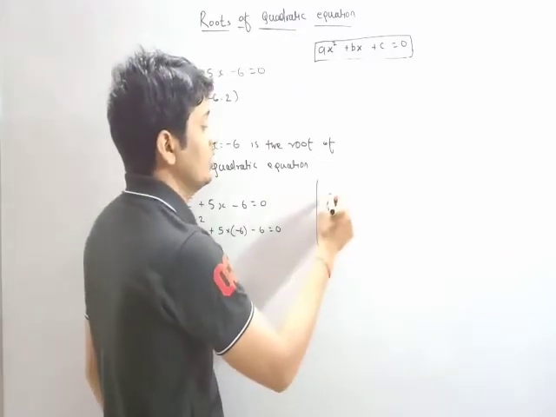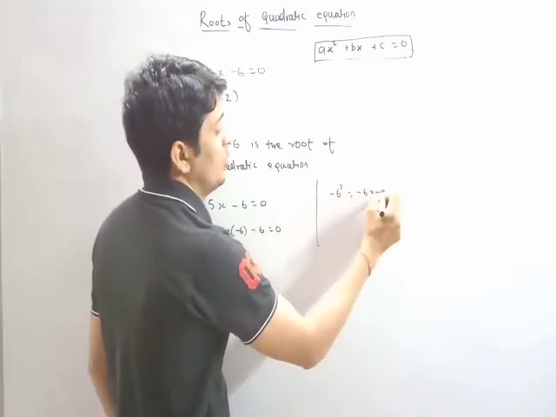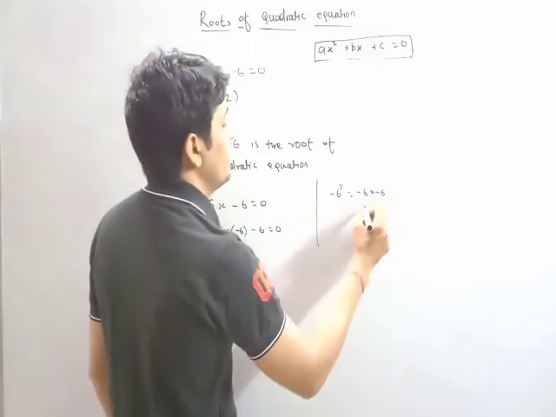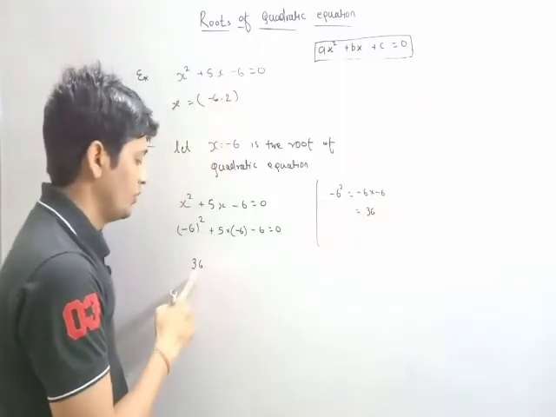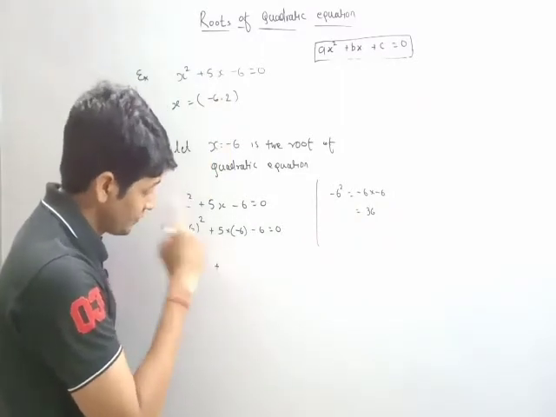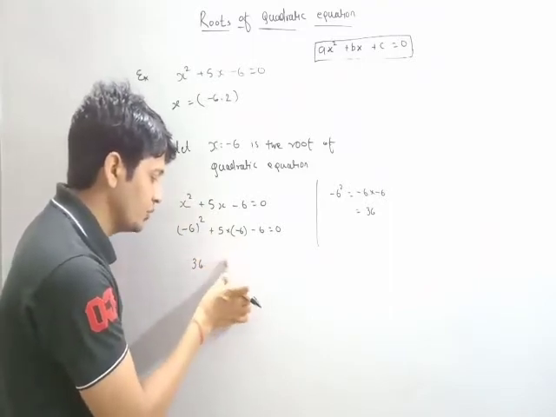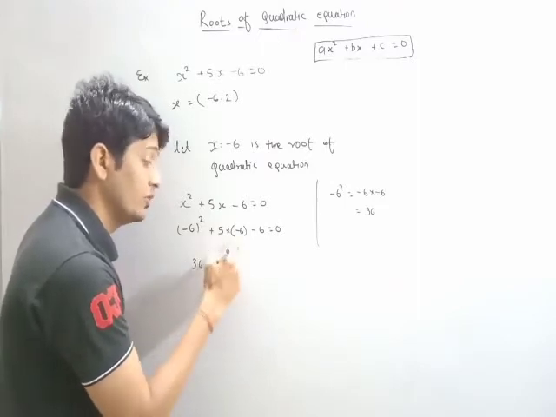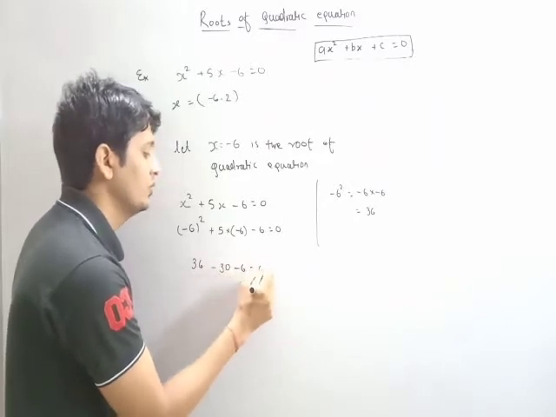Why? Because the square of minus 6 is nothing but minus 6 into minus 6. Minus into minus is plus, so we get positive 36. So we have 36 plus 5 into minus 6, which becomes minus 30, and minus 6 equals 0.